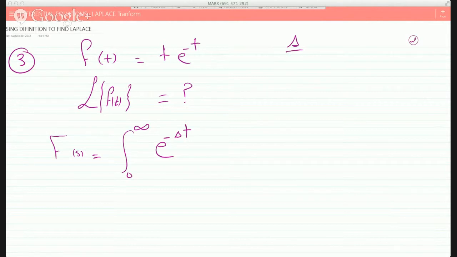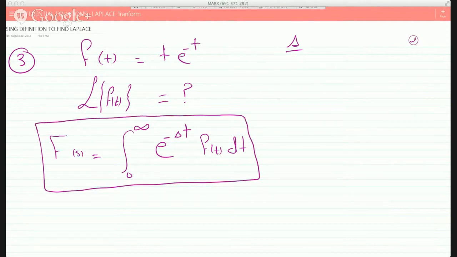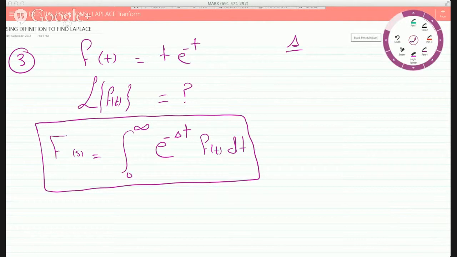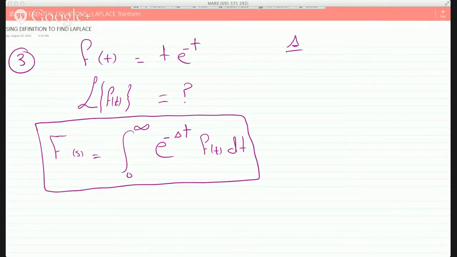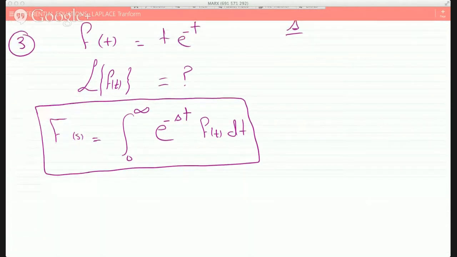That's basically our definition. Okay, so it should be a fairly straightforward mission here.